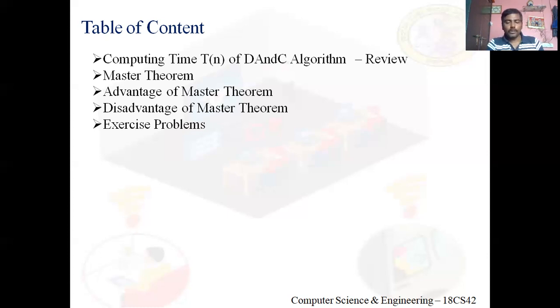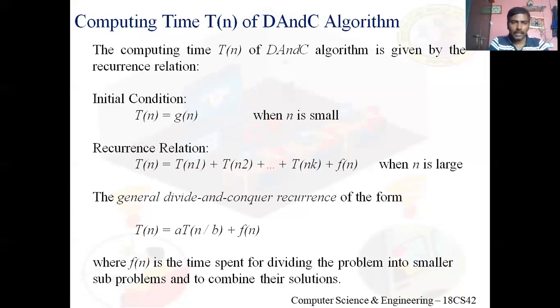In the previous session, let me show you the slide. In this slide you can see the recurrence relation that computes the time efficiency of a divide and conquer algorithm.